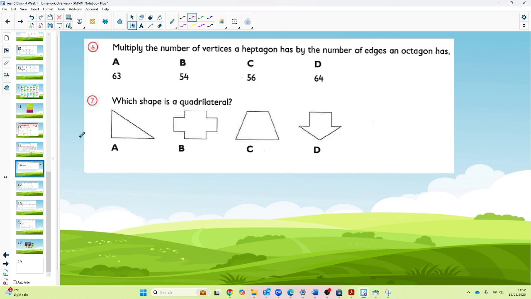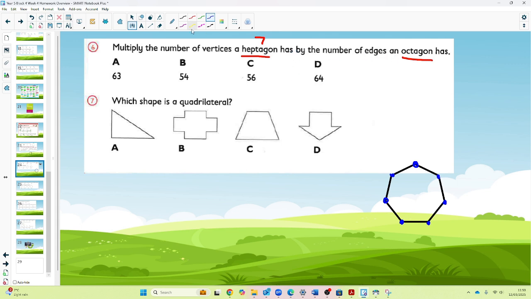Question 6. Multiply the number of vertices a heptagon has by the number of edges an octagon has. So vertices on a heptagon, there would be 7. I'll just show you a 7-sided shape here, just so you can see. When it's talking about vertices, of course, it's talking about the corners. We've got 1, 2, 3, 4, 5, 6, and 7.